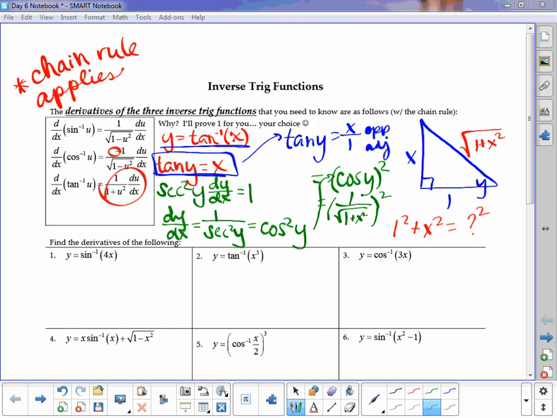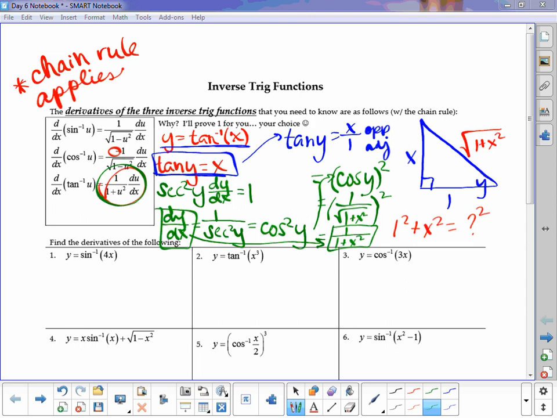And that all gets squared. Are we good with that? Okay, so now square the top, square the bottom. 1 squared is 1. Square root of 1 plus x squared, that whole quantity squared, is just 1 plus x squared. So our derivative is 1 over 1 plus x squared, as we can see represented here.